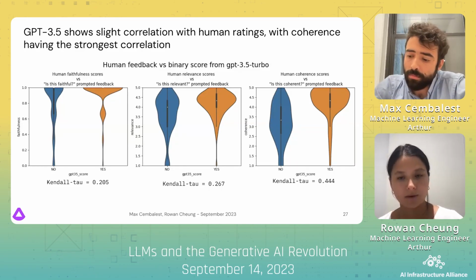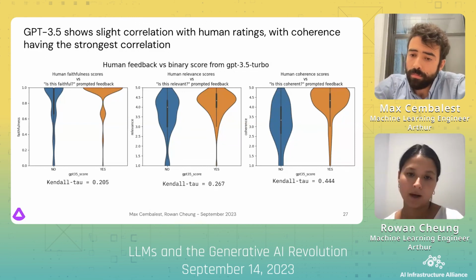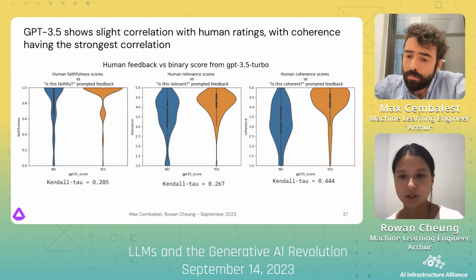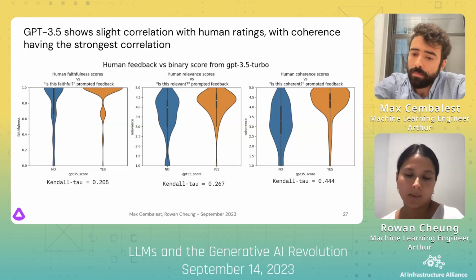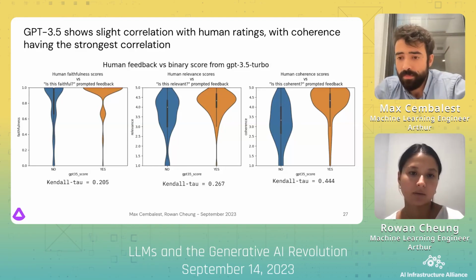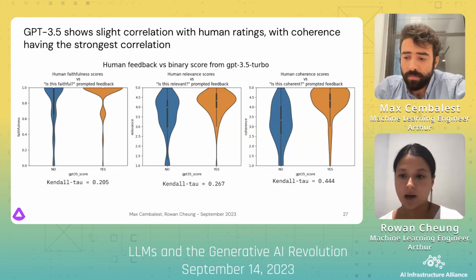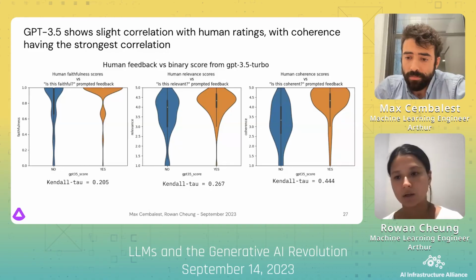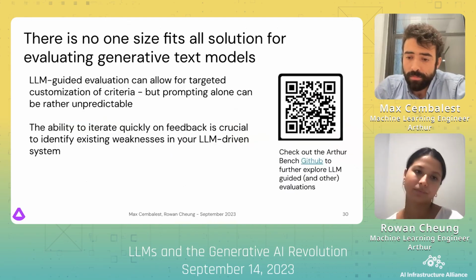So we think this is a promising measure of using an LLM evaluator to guide your human-in-the-loop validation, and are excited about next steps that could take the faithfulness and relevance scores even further, such as different types of feedback scores, like Max said, using letter grades or probabilities moving forward.